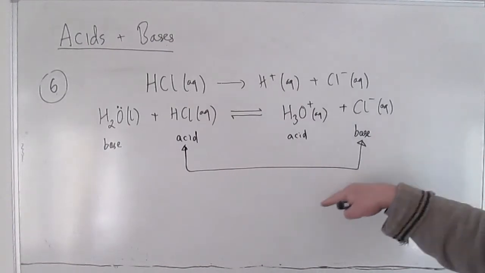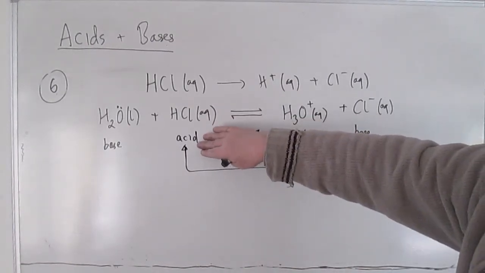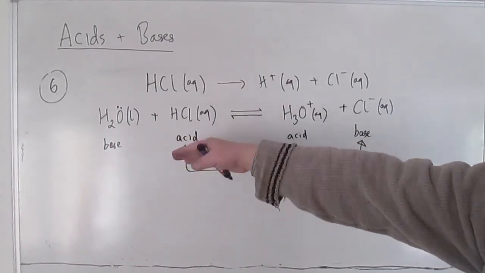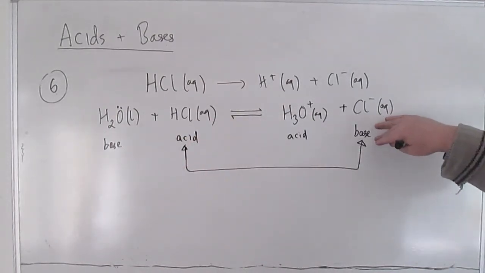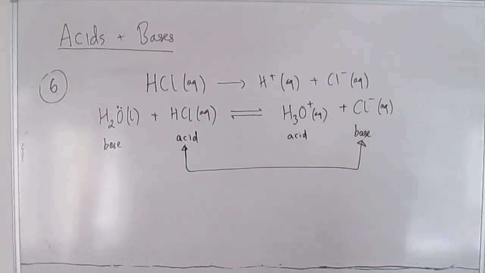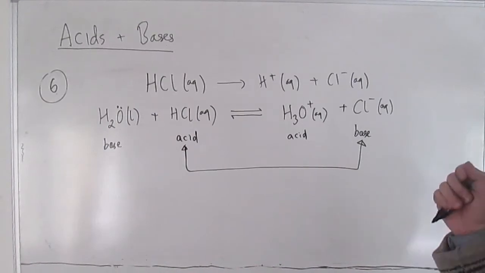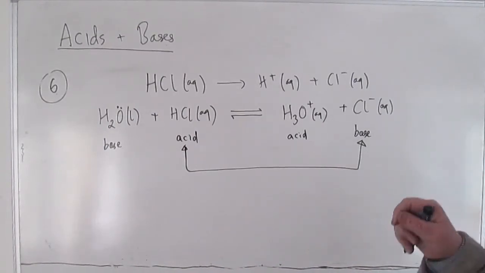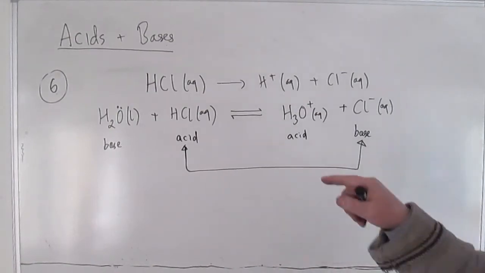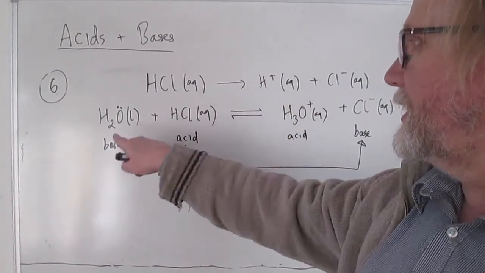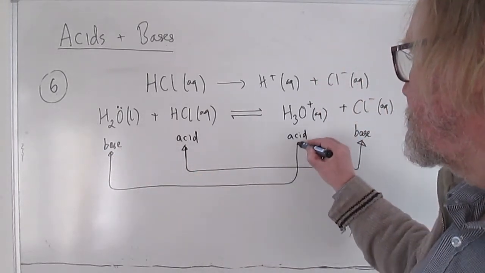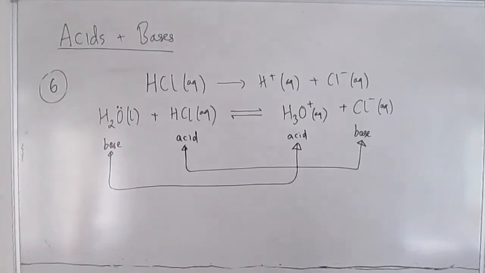So the pair are called a conjugate pair, and there's always a conjugate acid, which is the thing that already has the extra H plus, so it's able to donate it and be an acid. The Cl minus is the thing that lacks an H plus, so it can be a base and grab the H plus. So that's one conjugate pair, and what Bronsted-Lowry pointed out is that in any acid-base reaction there are always two conjugate pairs, because obviously if this is donating a proton, this must be receiving it, so it's the conjugate base, and it's the conjugate base of H3O+.